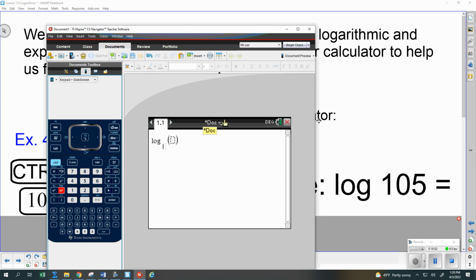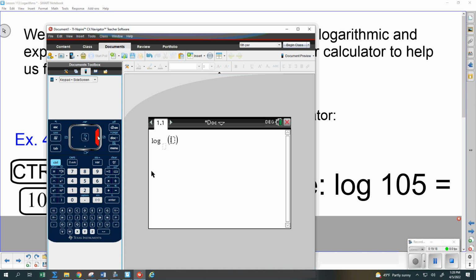So if I want to do log of 105, I need to be a little bit careful. What I do a lot of times is just type log of 105 and not look closely at it. I hit log, and then I just keep going and type 105 and look where it wrote it. And then I try to push enter, and it reminds me I've got an error. So I have to go back and fix it.